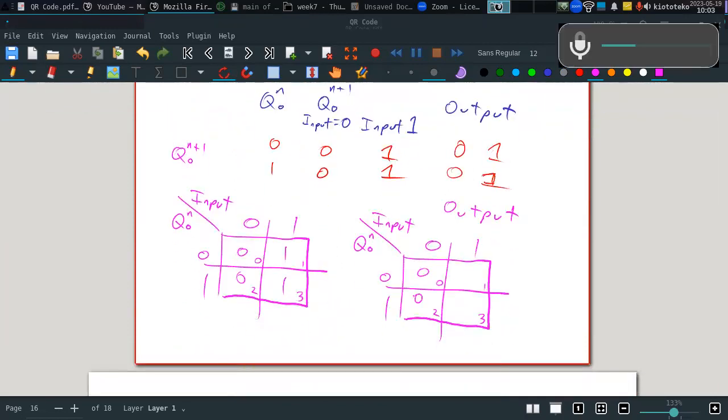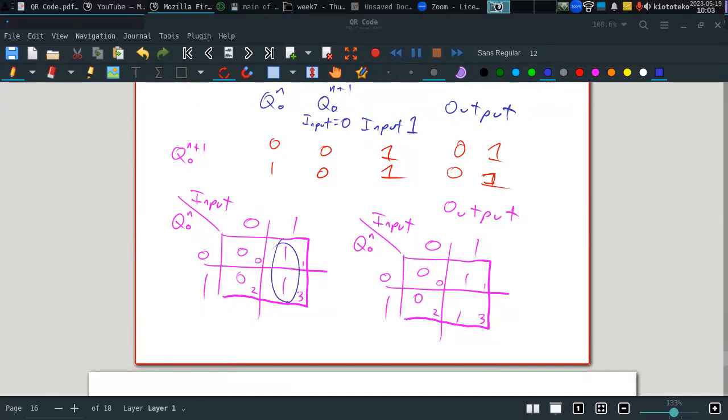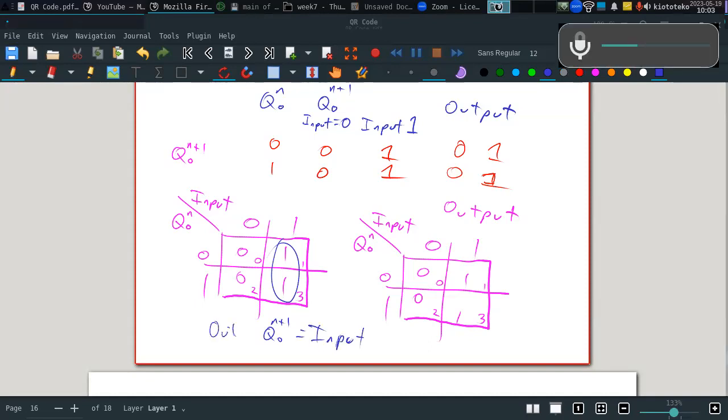So it's exactly the same, no? So we don't really need two Karnaugh maps. With a single one, we can already get the equation that characterizes both outputs. We just do this, no? We get that the next state is a function only of the input. And you can see that the output is also only dependent on the input.